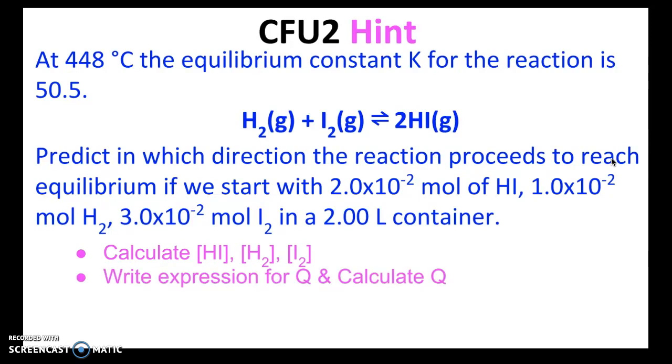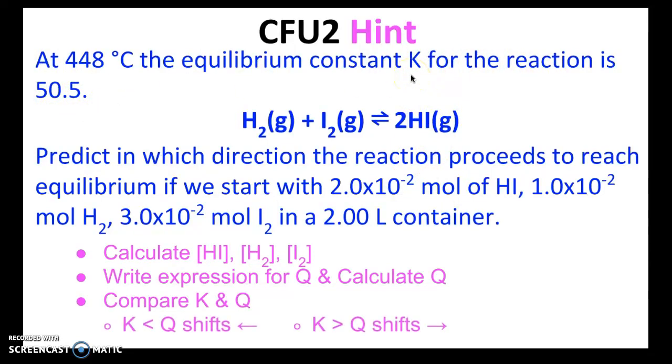Then you want to write an expression for Q, which is products over reactants, and plug the concentrations you got into your Q expression to calculate Q. Finally, once you have Q, they give you K. They tell you that the K for the reaction is 50.5, so you can compare the value of K with that of Q, and based on which one's bigger, you can determine which direction it shifts. All right, pause the video now, and when you press play again, the answer will be revealed.